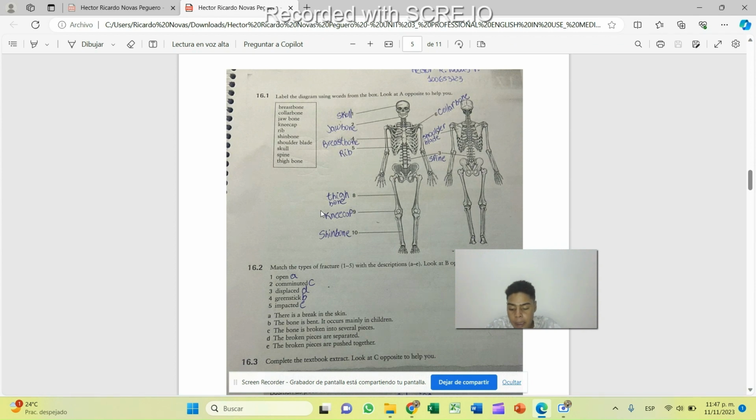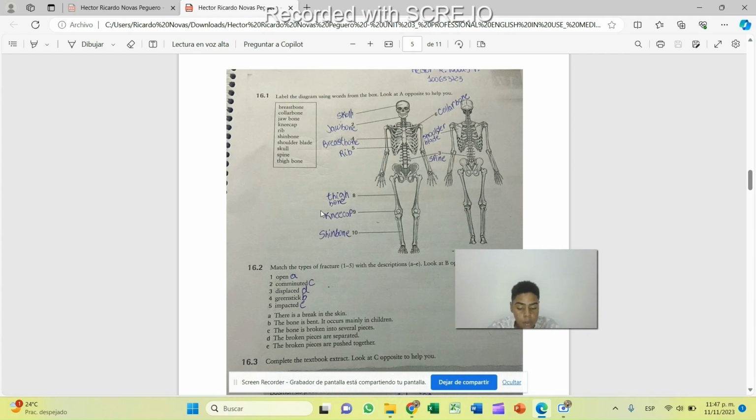16.2. Match the types of fracture with the description. 1. Open. A. There is a break in the skin. 2. Comminuted. C. The bone is broken into several pieces. 3. Displaced. B. The bone is bent.